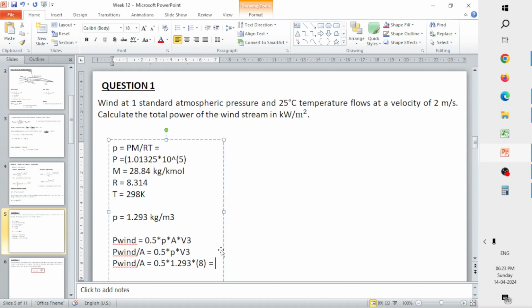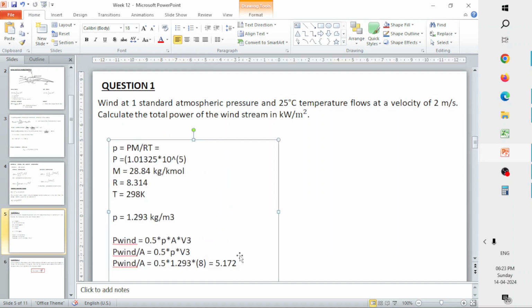5.172, but here the thing is, is it in terms of watts or kilowatts? Now, since the density is in kg, it will be in watts, because 1 watt is nothing but 1 joule per second.